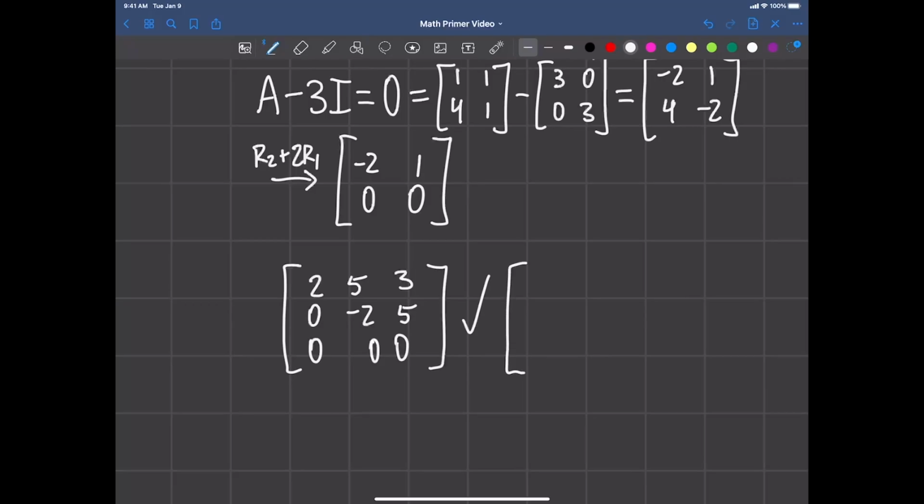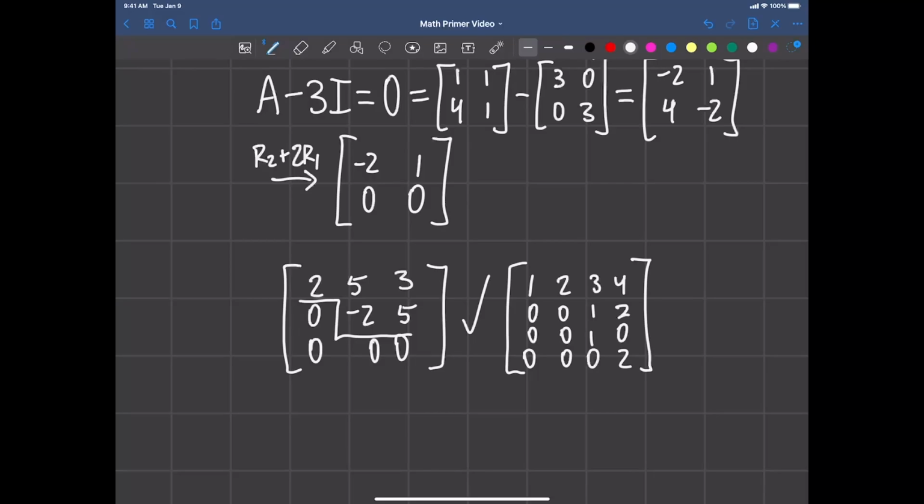Now I'll show you an example of what an invalid row echelon form would be. If we had 1, 2, 3, 4, 0, 0, 0, 0, 0, 0, 0, 2, 1, 1, 2, and 0.